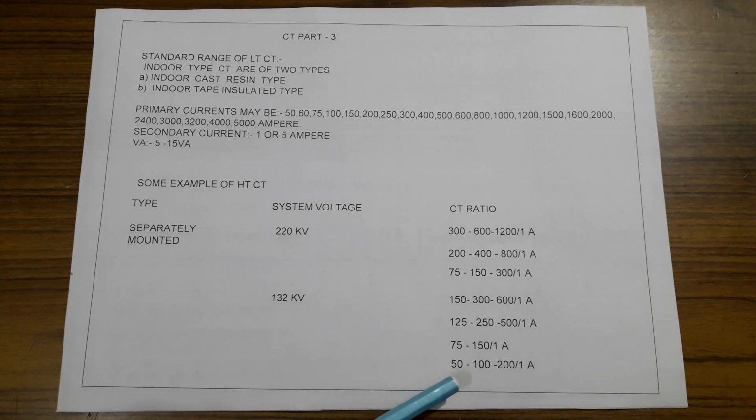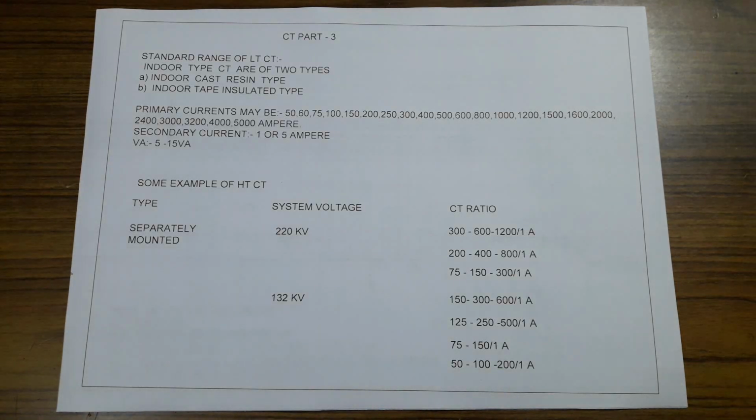Here again primary current 50, 100, 200, and the secondary current is 1 ampere. Here the first is the primary current, and after the oblique sign, this is the secondary current.